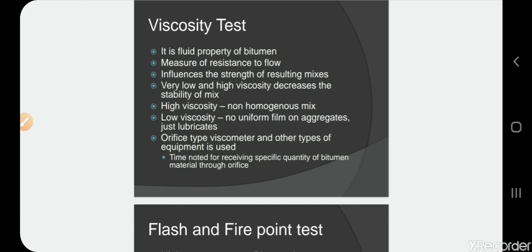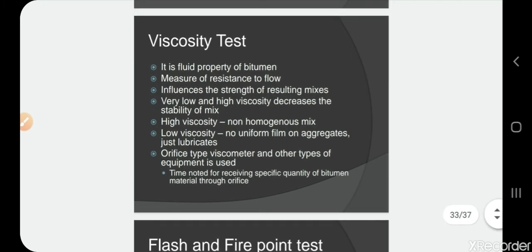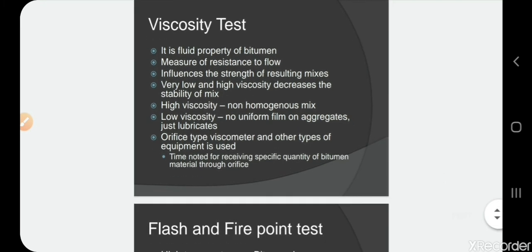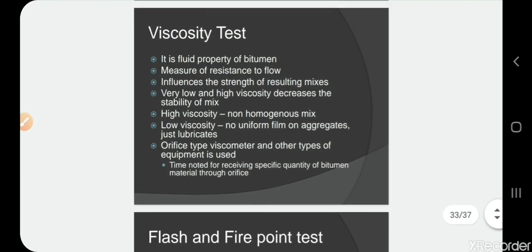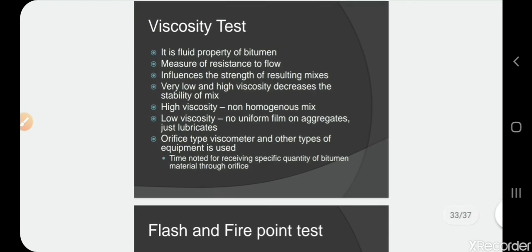Assume we have already placed bitumen over a tar road. When the road is subjected to heavy heat in the summer season, it may be affected in terms of viscosity. In such cases, if you walk over the road, it will be sticky and attach to your footwear. That's why we use the viscosity test.